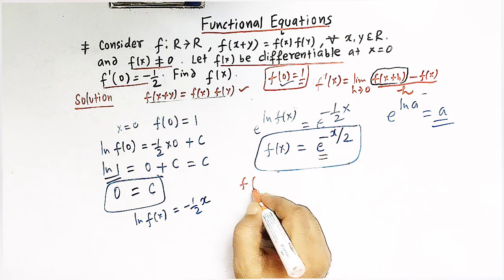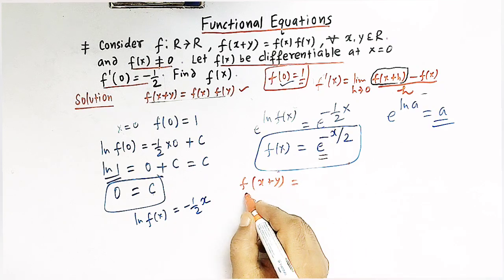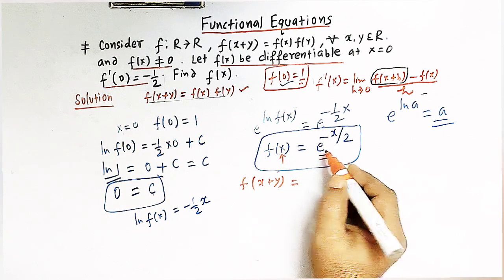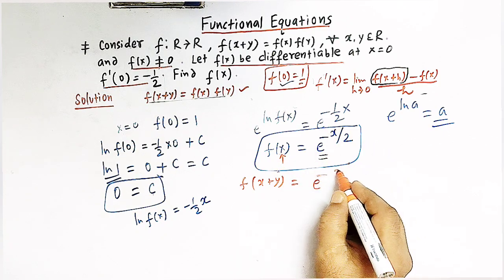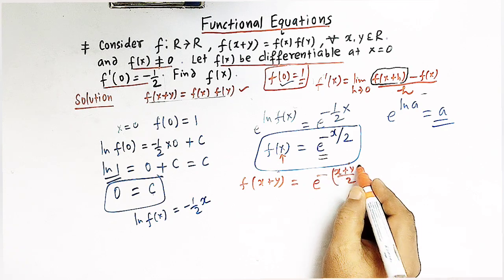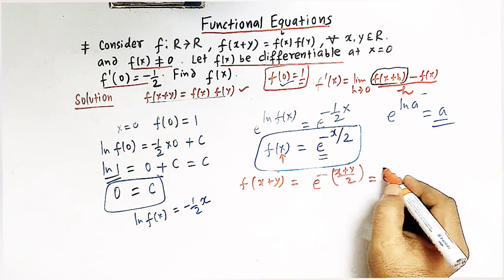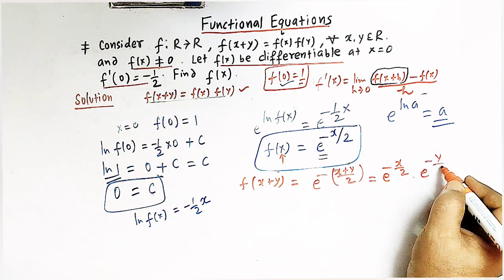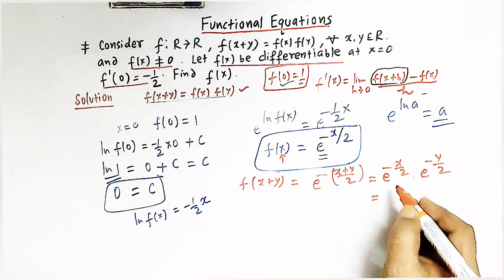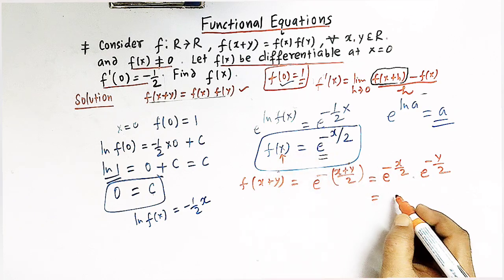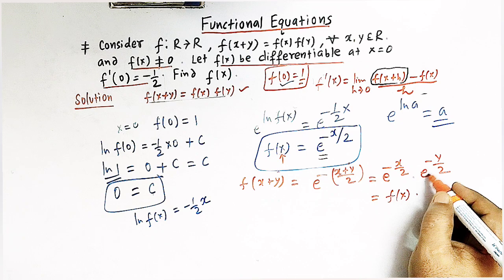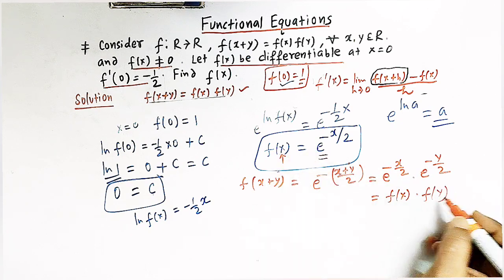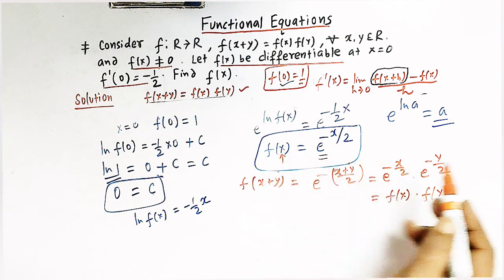Now see, let us find out f of x plus y. So f of x plus y can be obtained by replacing x by x plus y in this function. So we have e raised to minus (x plus y) over 2, and this can be written as e raised to minus x over 2 times e raised to minus y over 2, and e raised to minus x over 2 can be written as f of x, and e raised to minus y over 2 can be written as f of y, because in that case we can replace x by y.